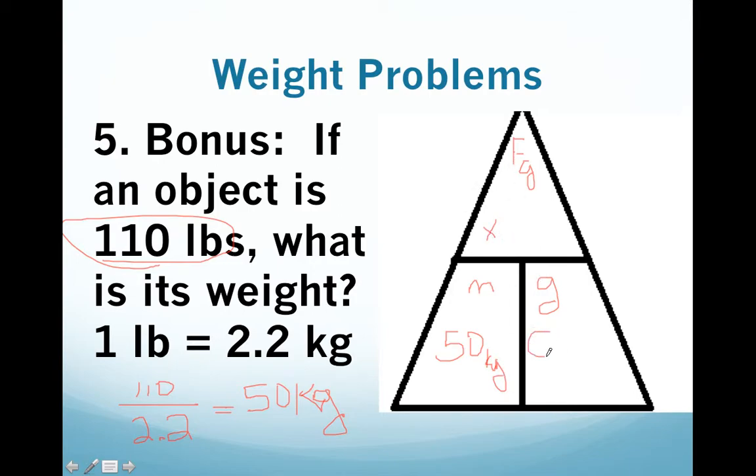So gravity would be, again, we're going to use 9.8 meters per second squared. And when I multiplied the two of those together, 50 times 9.8, you get 490. And the unit for weight would be in newtons.